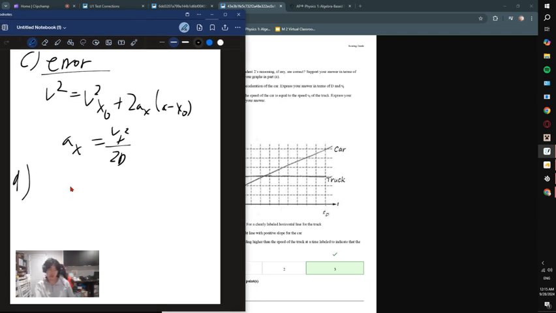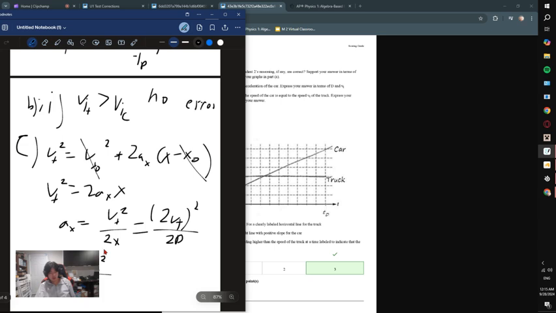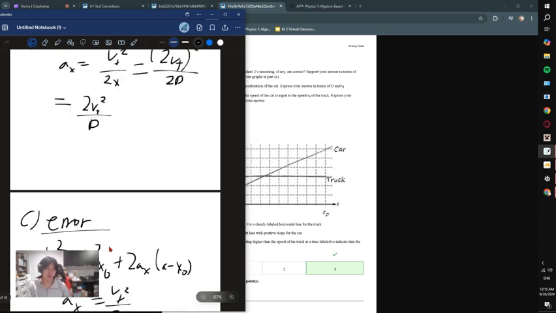So we know from our previous problem, a of x equals, I'm looking at the wrong one, 2vt squared over d, and then we use the formula, let's get a formula sheet.